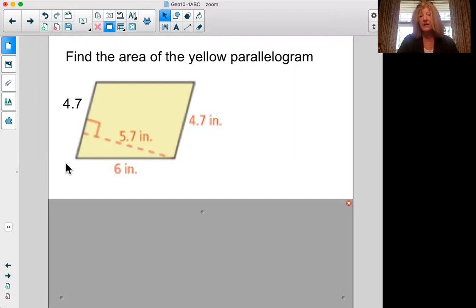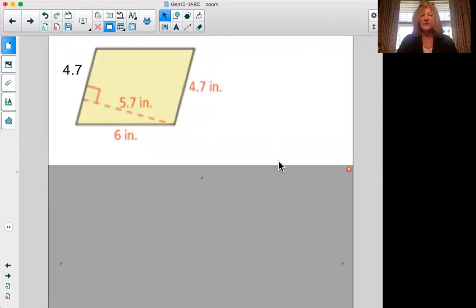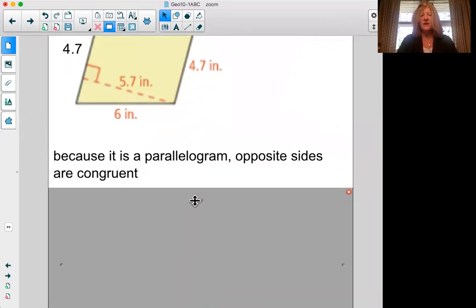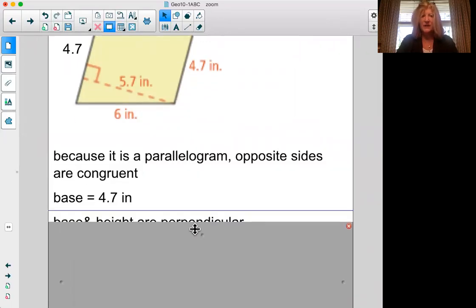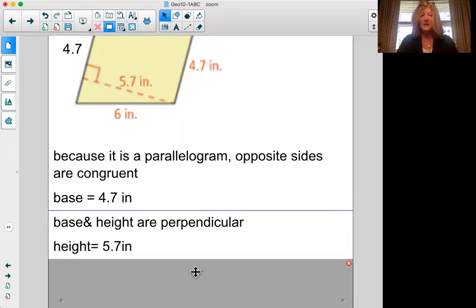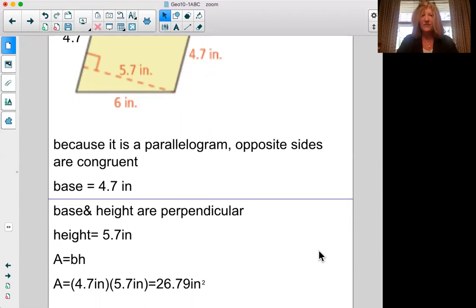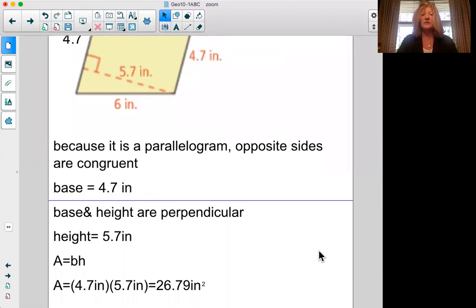Notice I know this length is 6, but I don't know the height that is perpendicular to it, so I can't use that for this problem. So I have to use what I'm given. I use my base 4.7 and the height perpendicular to it as 5.7. And now I can calculate the area of that yellow parallelogram.